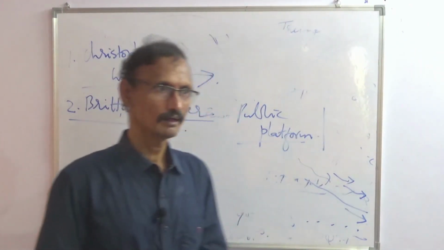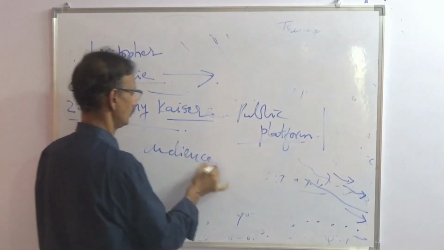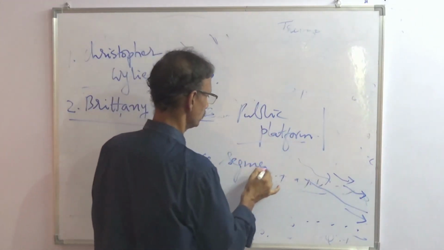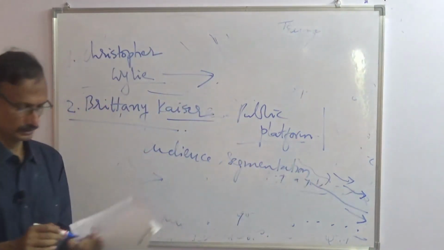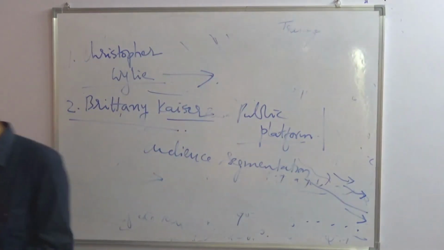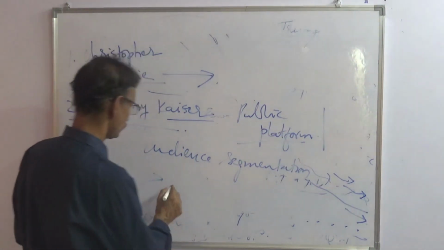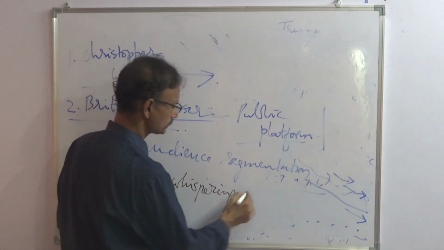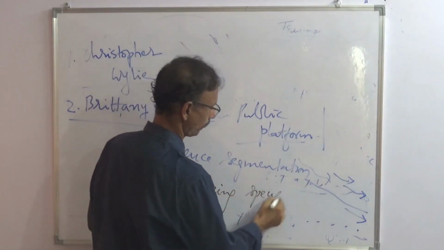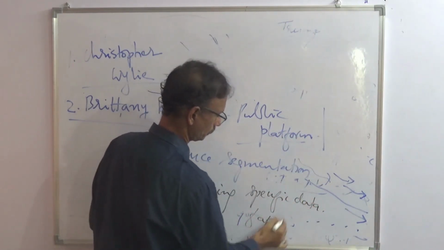So this is called audience segmentation. This audience segmentation enables whispering extremely specific data or even fake news.